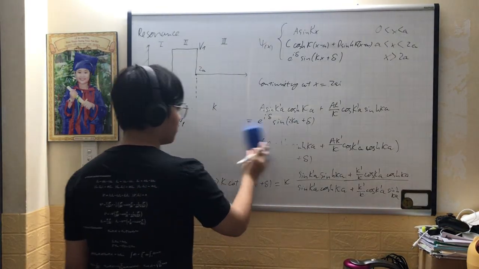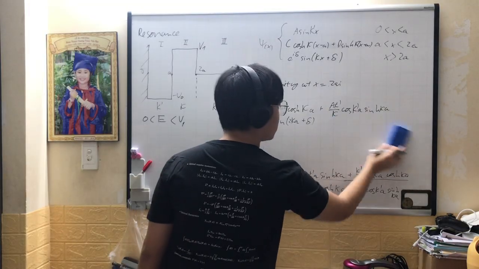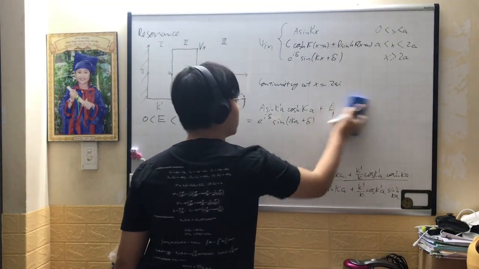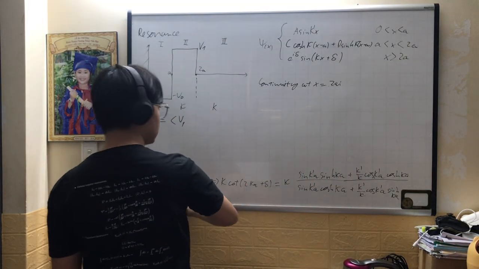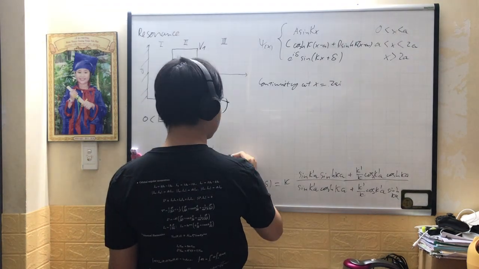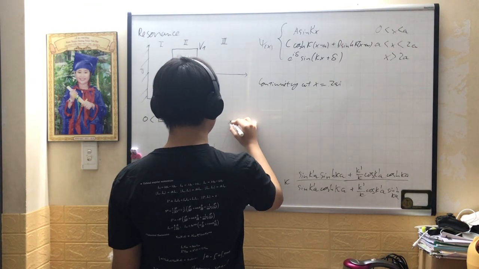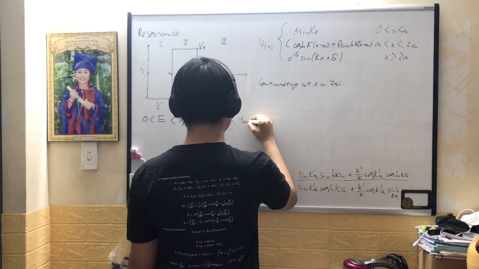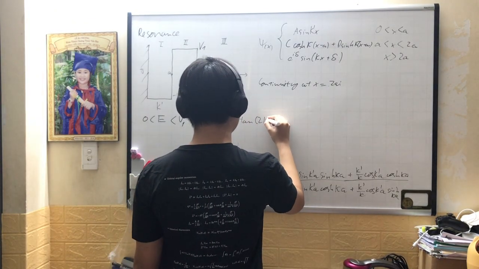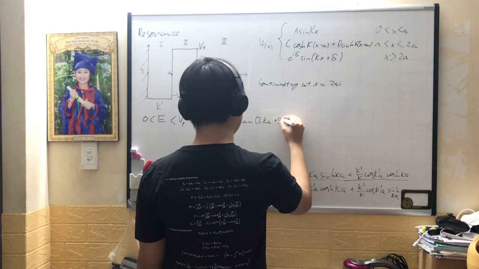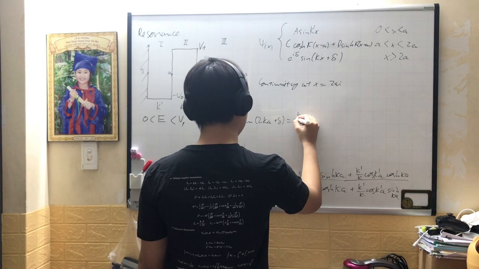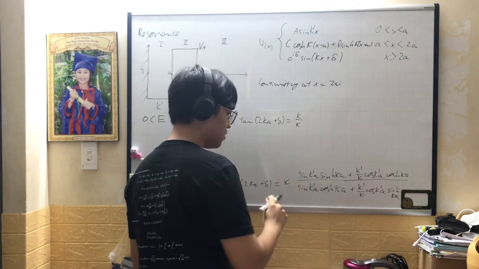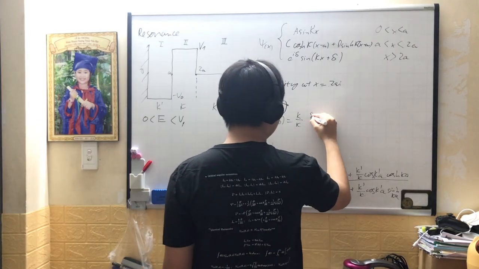So when we flip it, what you get in the end is from here. I'm gonna write it up here, and my pen is dying. Tangent of ka plus delta is k over kappa, and you flip the entire thing.